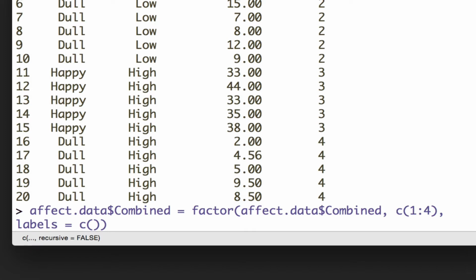So our first group is going to represent the people who have a happy message in high relevance, so I'm going to call that HH. The first group is people who have a happy message and low relevance. If we look up here, I got that wrong, sorry. The next is people with a dull message and low relevance, so I'm going to call that DL.